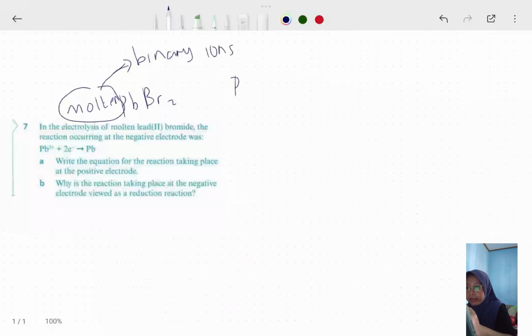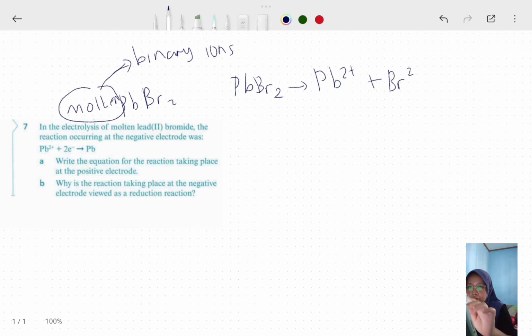Lead(II) bromide consists of Pb2+ ions plus Br- ions. To make it balanced, I'll give 2 in front of the bromine, or rather this equation is already balanced.